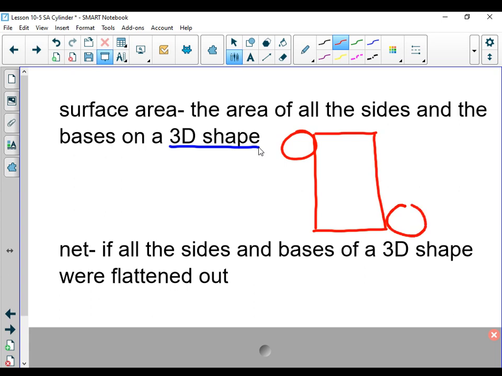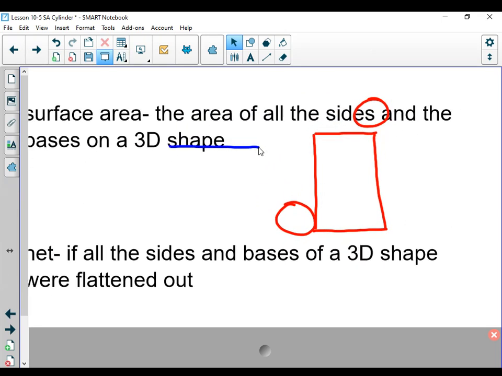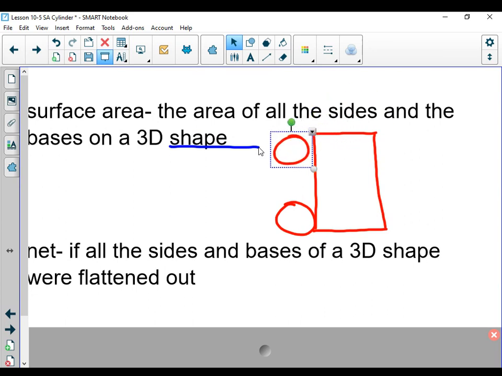Depending on the artist, right now I'm an artist, you can be an artist too by drawing a net on your paper. Depending on the artist, these circles can be in a million different spots. They could both be on the same side, or opposite side. So you can pick where you want the circle to go.